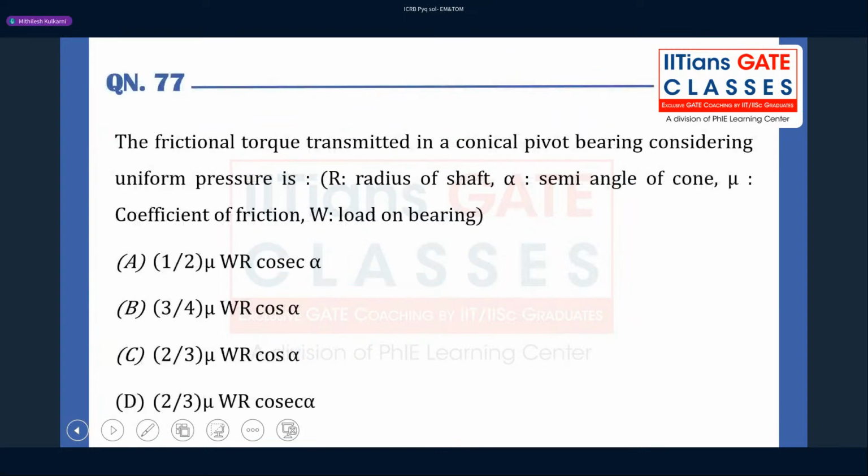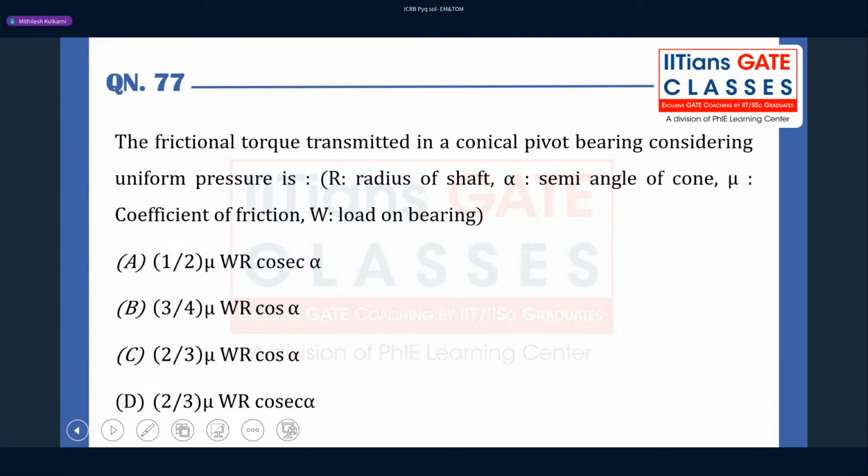Coming towards the next question. This question is again from the, I think this is from the machine design rather, but let's solve it. The frictional torque transmitted in a conical pivot bearing, considering uniform pressure condition.